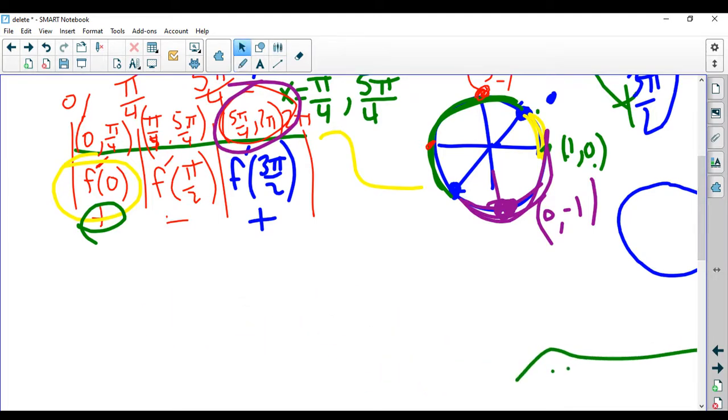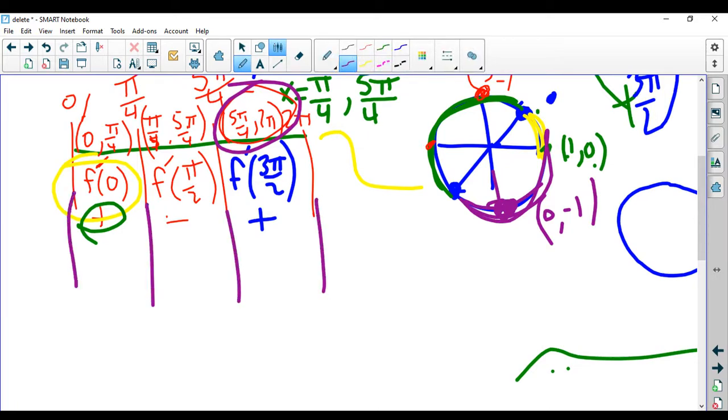So, our conclusions. We are increasing on the interval 0 to pi over 4. We are decreasing on the interval pi over 4 to 5 pi over 4.